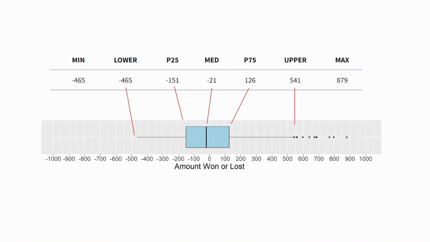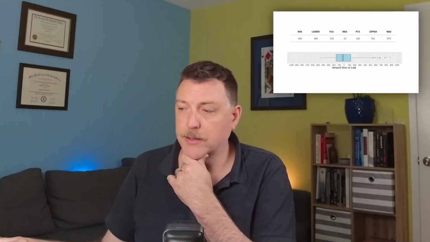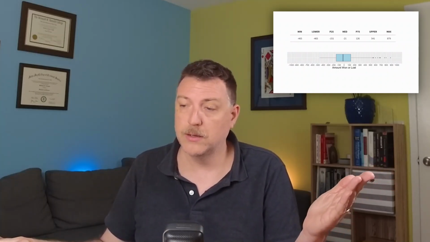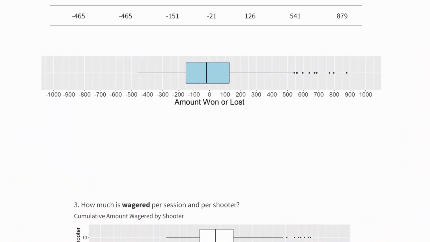And then on the upside, you have even some outliers, very rare outcomes, but they're there. And the absolute maximum amount won during this simulation was $879. That's basically the tendency of what you'd expect. Winning as much as $879 or losing up to $465.